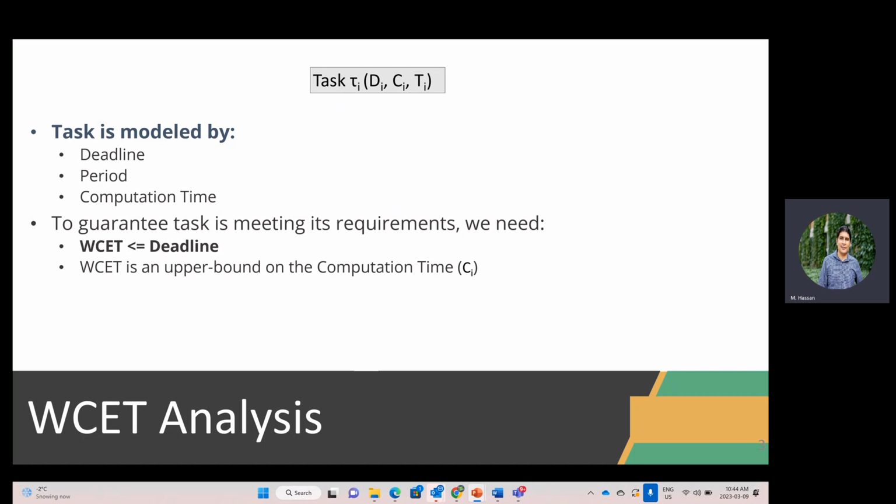We can think of this WCET as an upper bound on the computation time C in the task, right? So that's the worst case instance, the worst possible scenario in which this C can run. And in fact, there is a whole industry, especially automotive, avionics, etc., around how to obtain this worst case. It's very hard to obtain, right?